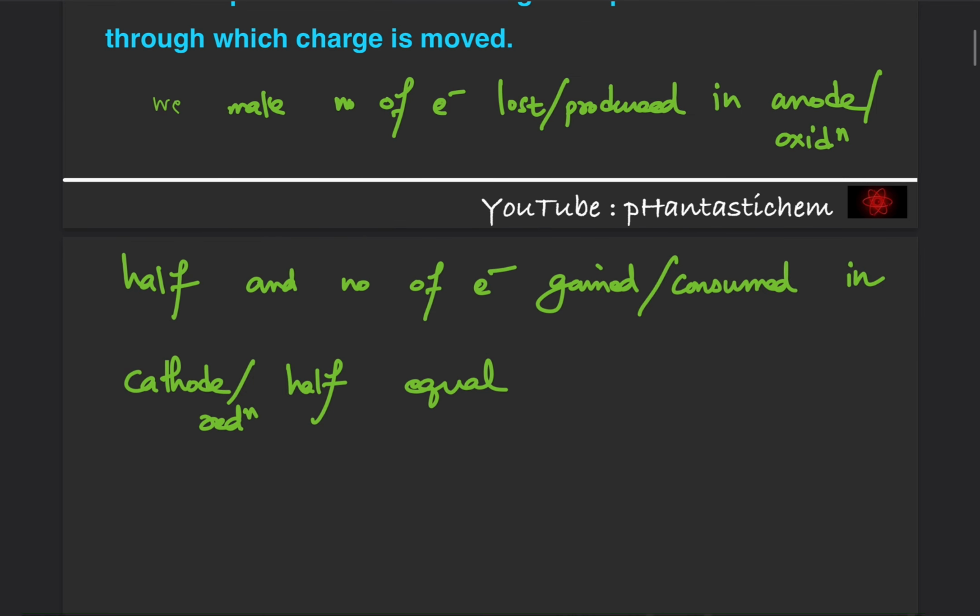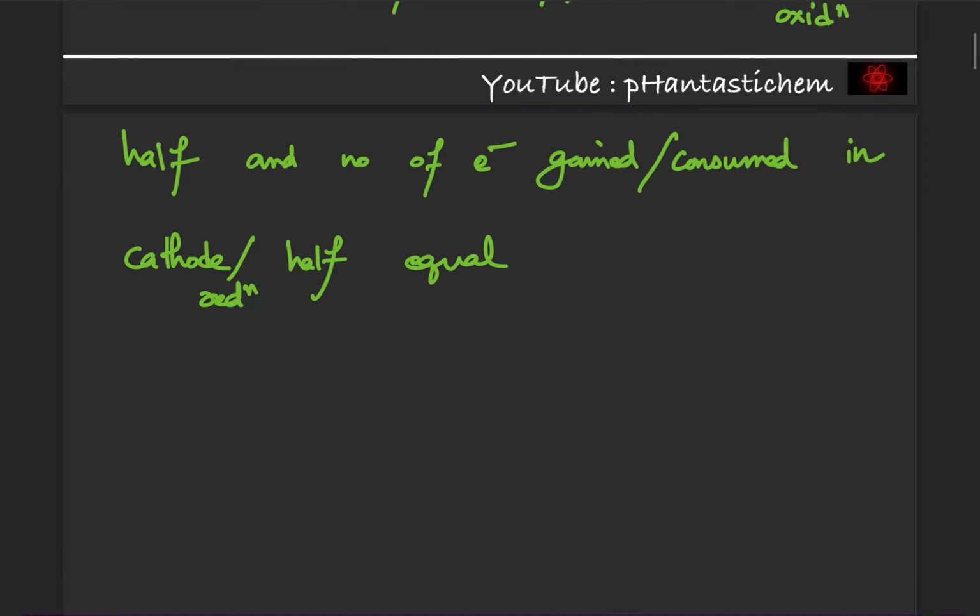Then we add them to get the overall reaction, and hence electrons don't appear in the overall reaction because they get cancelled.